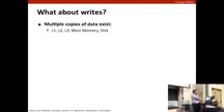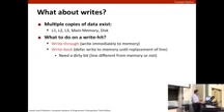Okay, now what about writes? So there's multiple copies of the data, right? As we move up the hierarchy, we're creating subsets of the data in the caches. So what do we do if we do a write to a word within a block that's currently in the cache? Okay, we have 2 options.